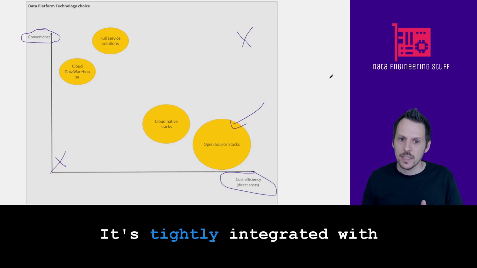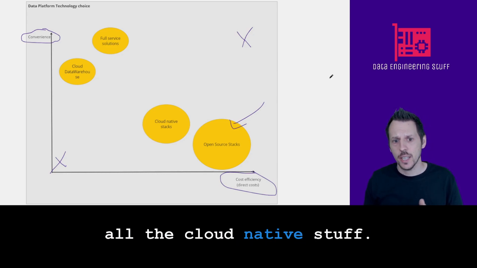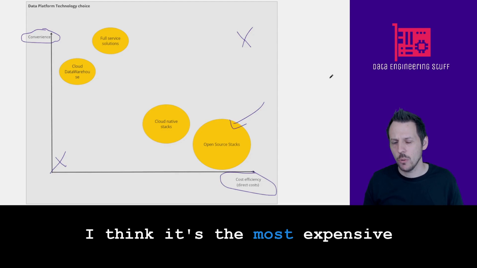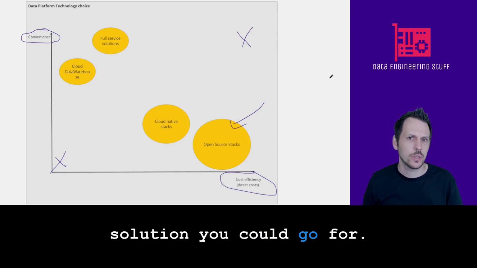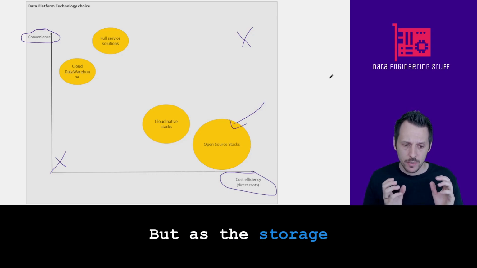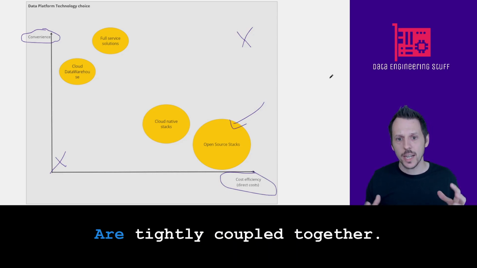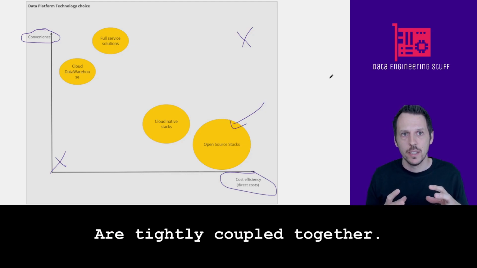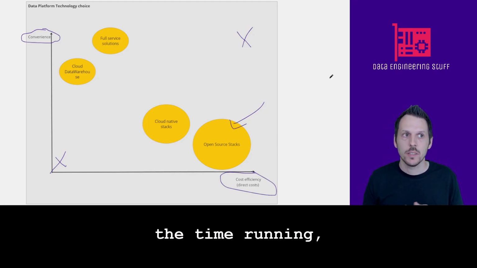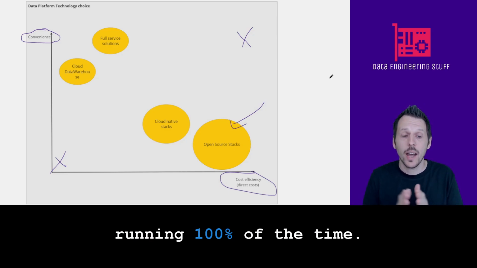It's tightly integrated with all the cloud native stuff, but they are quite expensive. I think it's the most expensive solution you could go for. It depends on your setup, but as the storage and the compute are tightly coupled together, and they are most of the time running 100% of the time.